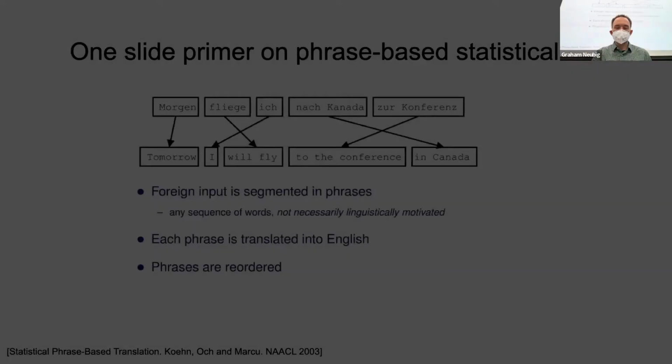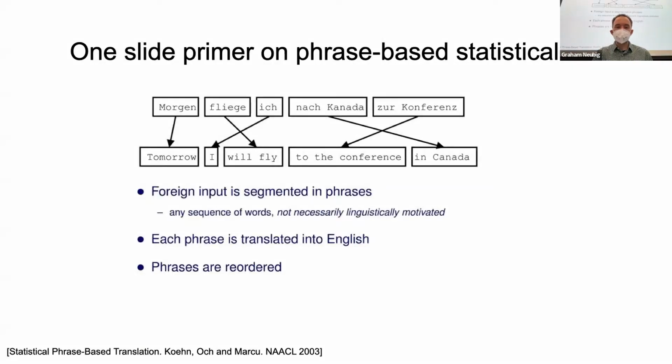So next, I'd like to explain how we apply these methods to a non-neural MT system. Just to give a very brief overview, a one-slide primer on phrase-based machine translation. This is what a lot of people used to do machine translation before neural MT came out. It consists of 3 steps. First, the source input is segmented into phrases.